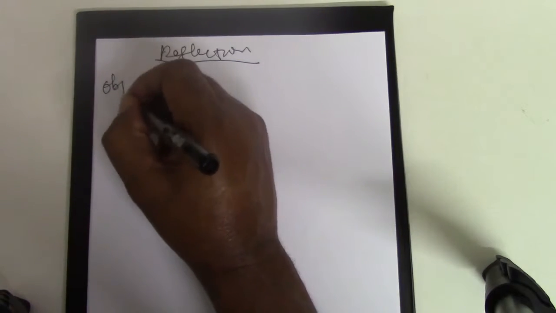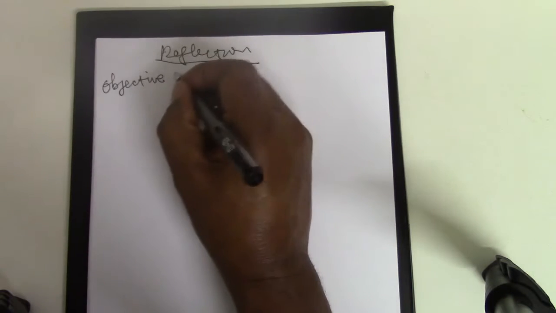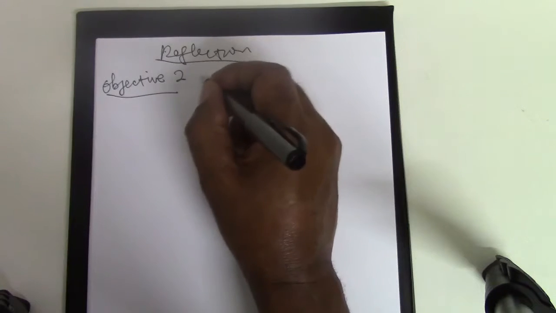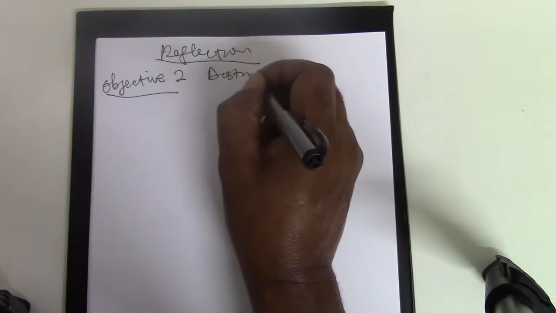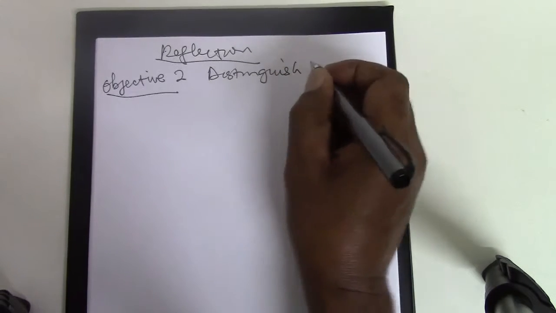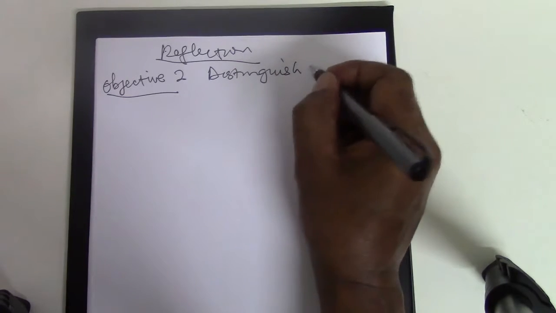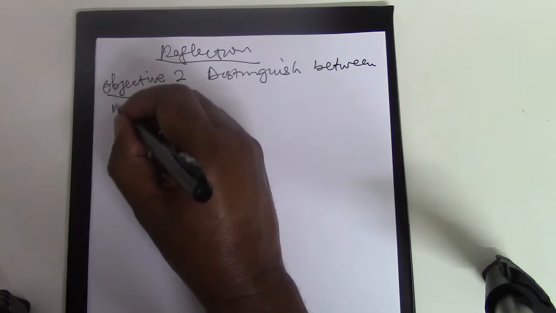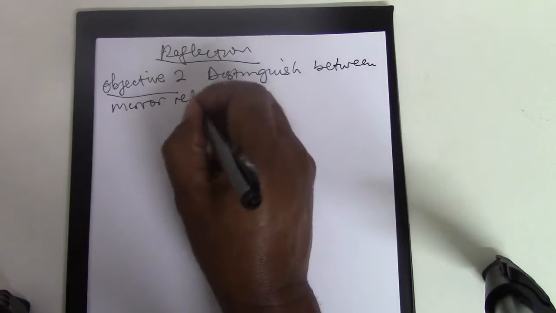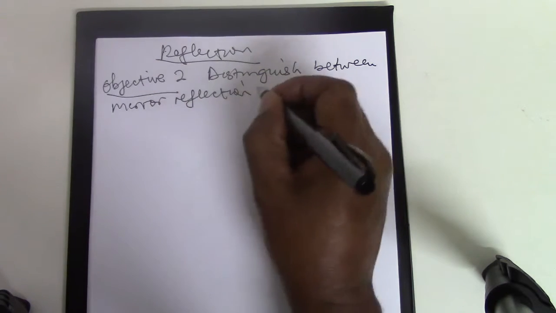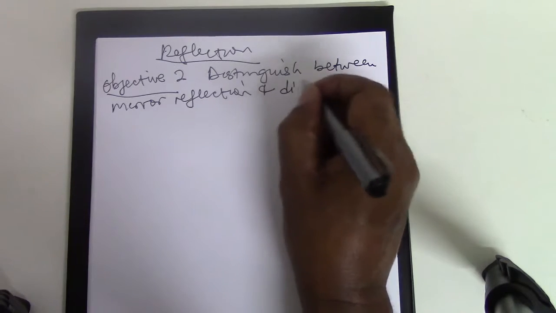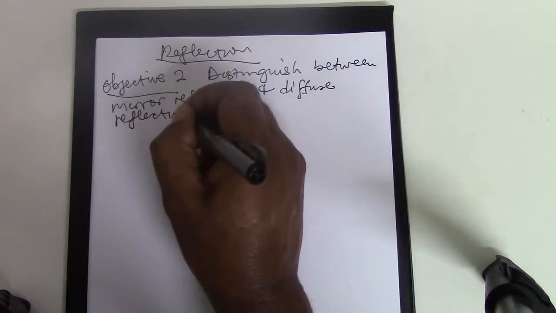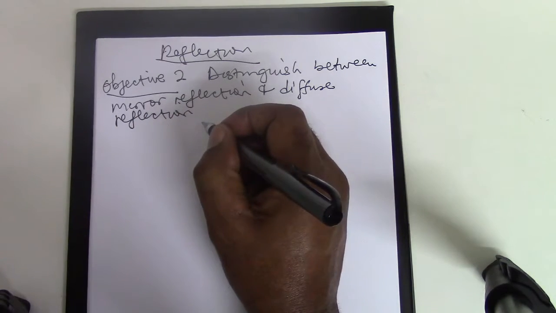Our objective, which we shall call objective 2, is as follows. You are expected to distinguish between mirror reflection and diffuse reflection.